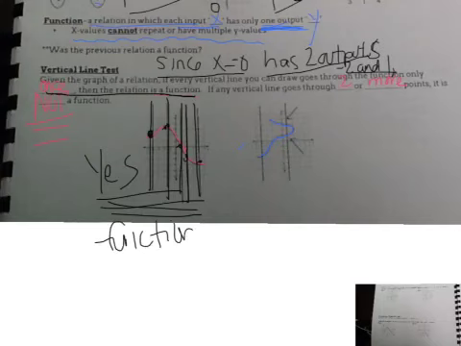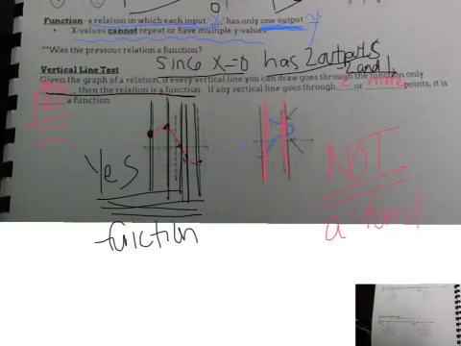What about him over here? If I draw a vertical line through him, here, it only touches once. But over here, it's going to touch in two different spots. And for that reason, we would say this is not a function.